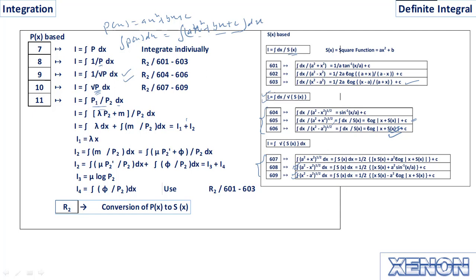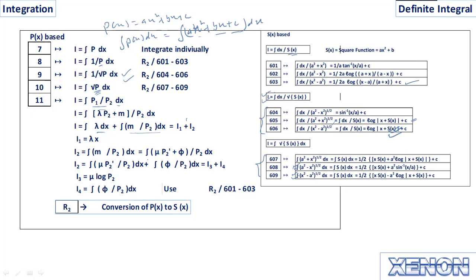So the equation will be integration of lambda dx plus integration of m upon P2 dx. So we will be getting two integrations, right? So we integrate lambda dx individually, and we will integrate m upon P2 dx individually.